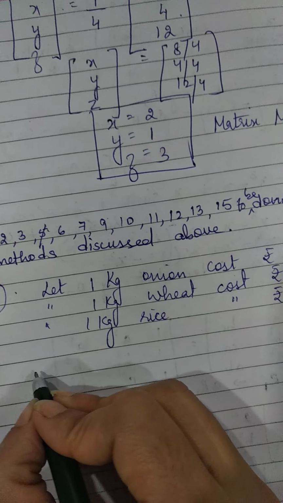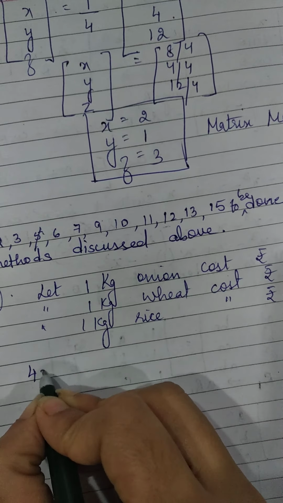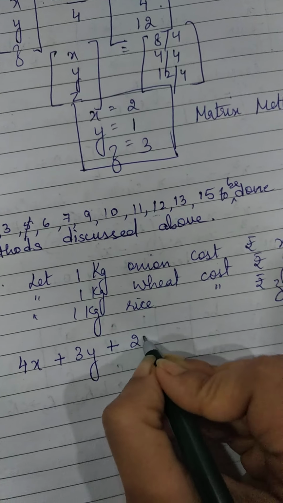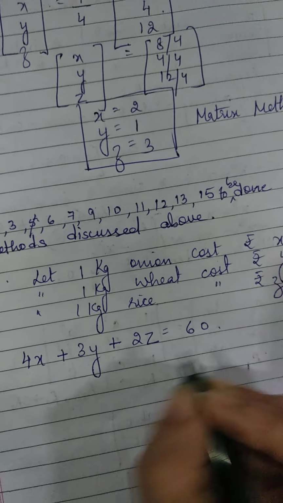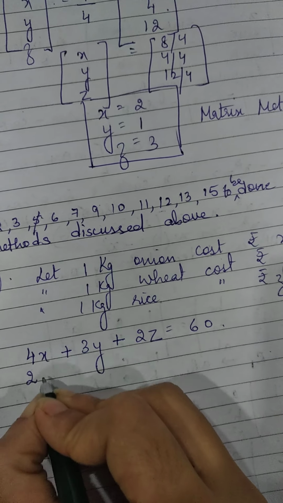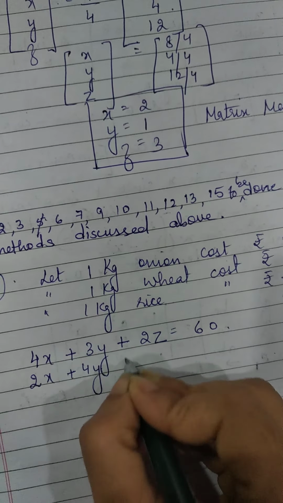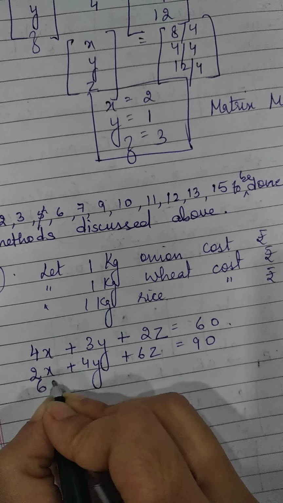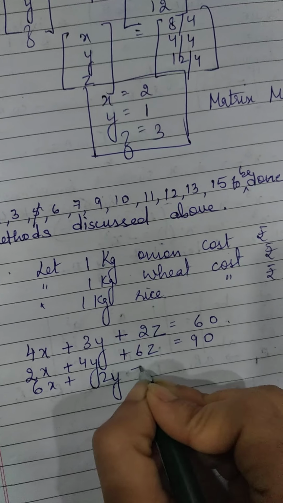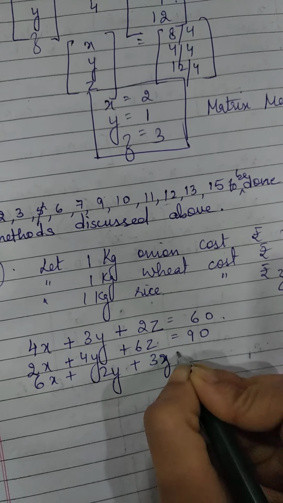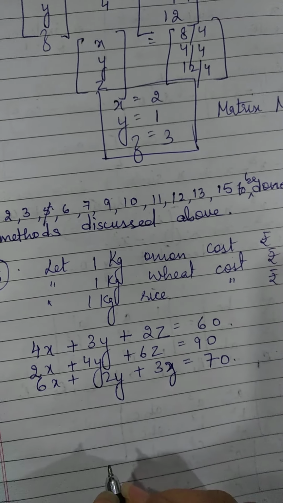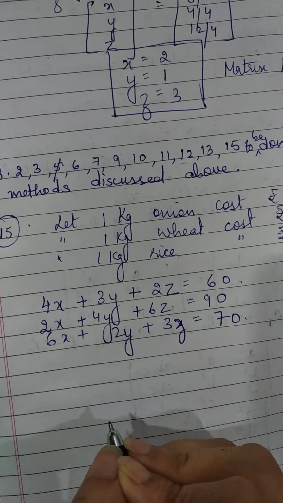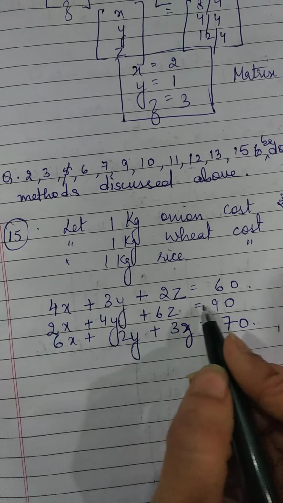So our first equation will be 4x plus 3y plus 2z equal to 60. Likewise, 2x plus 4y plus 6z is equal to 90, and 6x plus 2y plus 3z is equal to 70. Find the cost of each item using the matrix method. So we have to find the values of x, y and z.